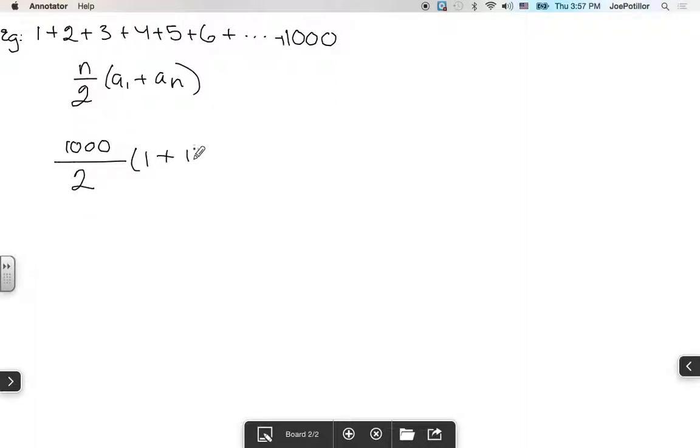First term is 1. Last term is 1,000. That gives 500 pairs. This is 1,001. And then you end up with 1,001 multiplied by 500, which gets you 500,500. Okay.